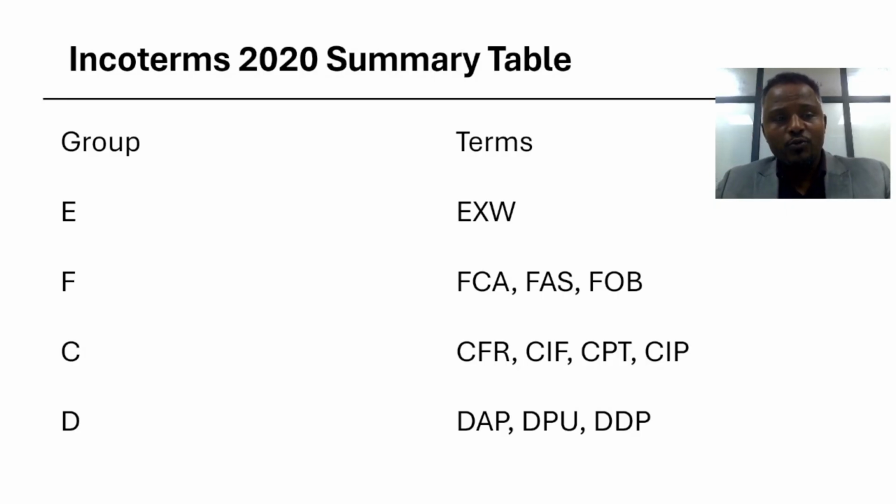When you move from E to D, you can clearly see how the burden shifts from the buyer to the seller.